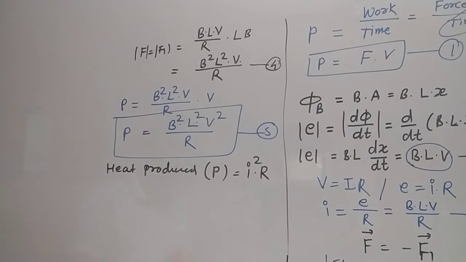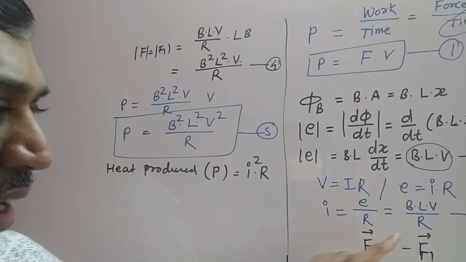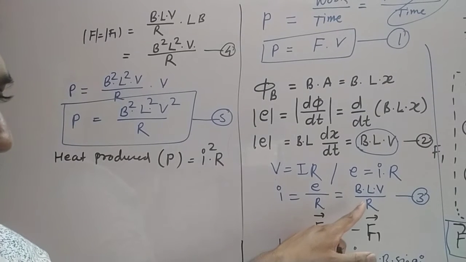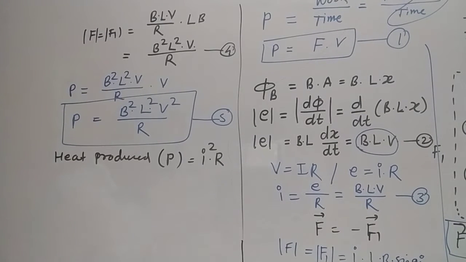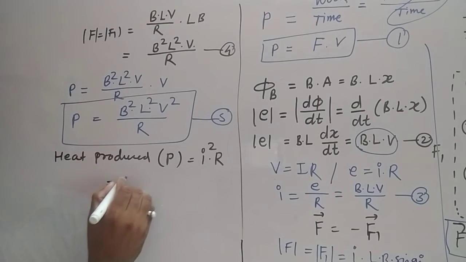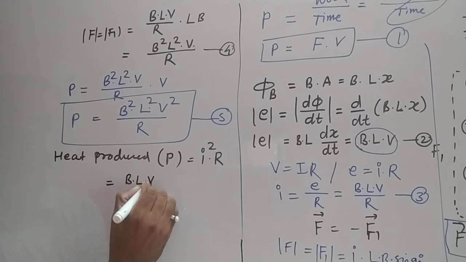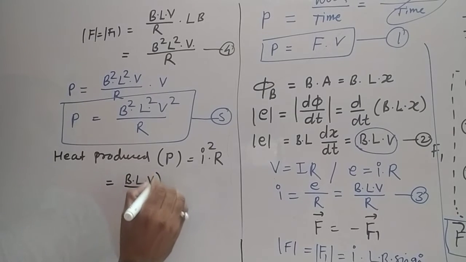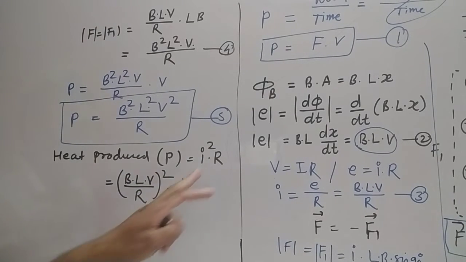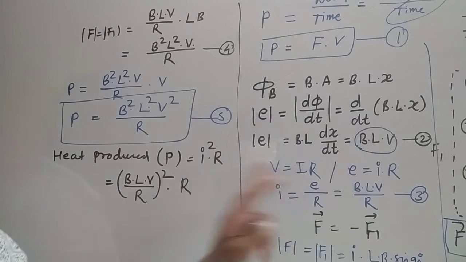That is the formula to find the amount of heat produced in any conductor. We know the value of I, given by equation 3, BLV divided by R. So put that value here: P equals B into L into V divided by R, whole square, into R. We have put the value of I from equation 3.